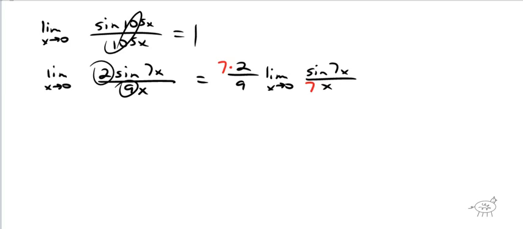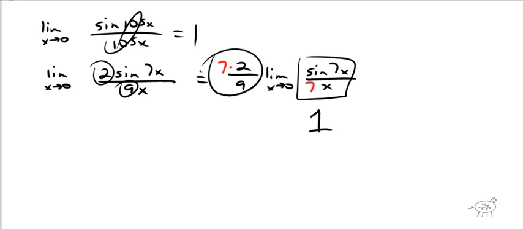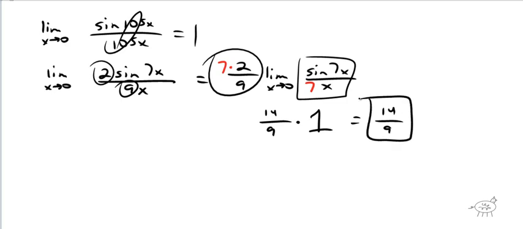So what I have now, math fans, is the limit as x approaches 0 of sine of 7x over 7x, which is 1. Then you just deal with this: 7 times 2 is 14 over 9 times 1. So the answer is 14/9. It's easier than you think. Sometimes kids go crazy and want to cry, but it's really pretty easy. So let's do another one.